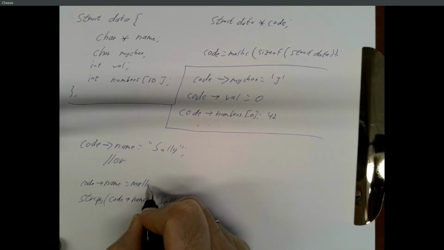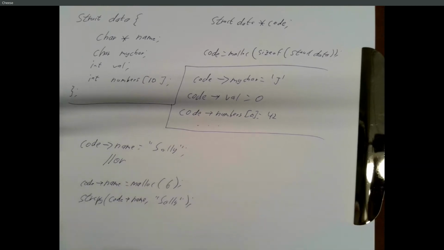Using malloc. And we could just hardwire 6 bytes because we know we have 5 letters and the null terminator. So that'll find us 6 bytes in memory, and it'll then copy Sally and a null terminator into that. Or you could malloc 6 times sizeof char, if you wanted to make sure that characters were 1 byte. Or you could do string length of Sally plus 1, which is where 6 came from.